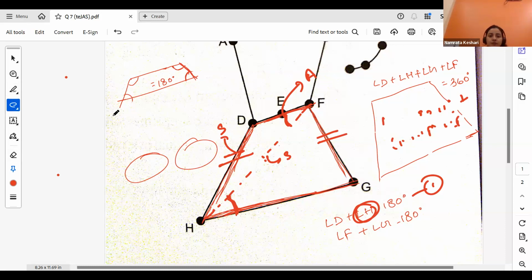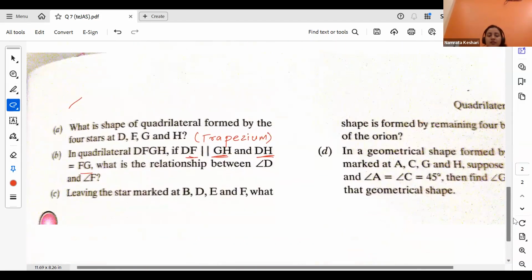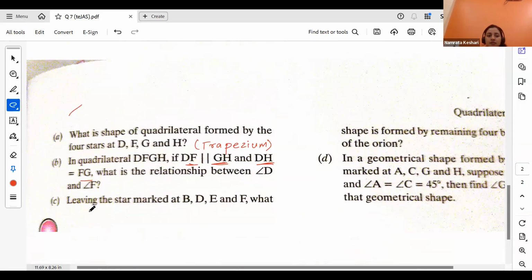Draw both the lines and then cut this triangle and that triangle. These two sides are the same, vertically opposite angles also we are getting. I think one more piece of information should be given over here. Then only we can say anything about angle D and angle F.